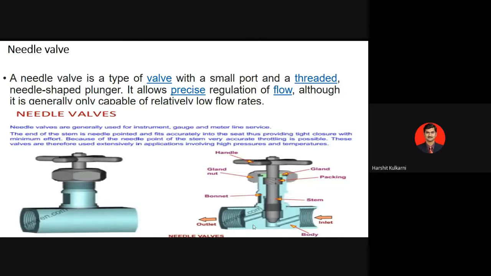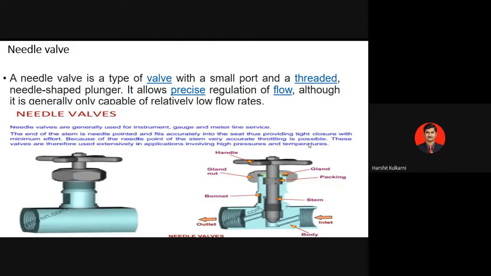If you just rotate this, the end of the stem will get placed onto the seating and it will completely block the flow. So accurate throttling is possible because of this, because using the needle point of the stem, we can accurately control the throttling.